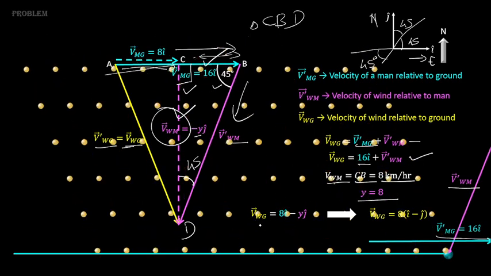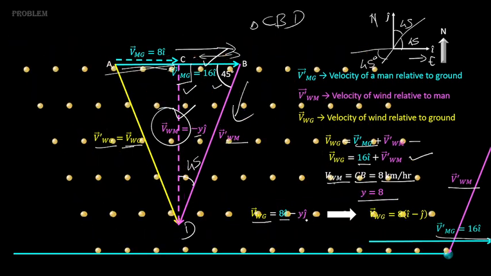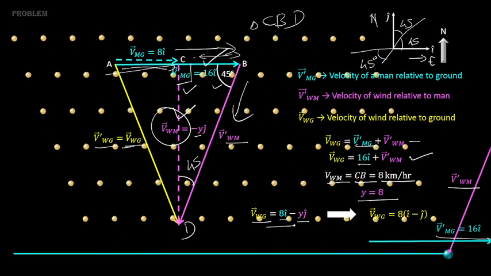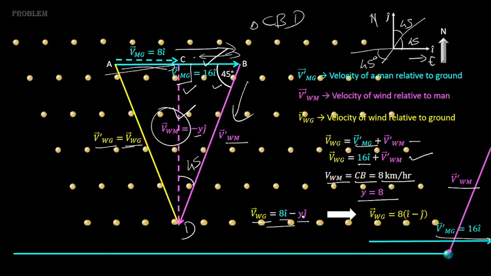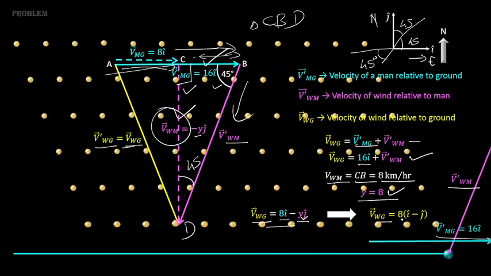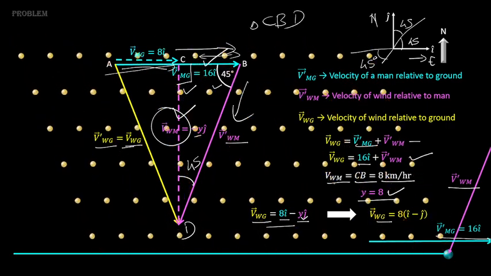Now we have seen already that the wind velocity relative to ground is 8 i cap minus y j cap. You may go back in the video and check this equation. We have now discovered that y is 8. So substituting 8 for y, we get wind velocity relative to ground to be 8 times i cap minus j cap. That is the final answer.